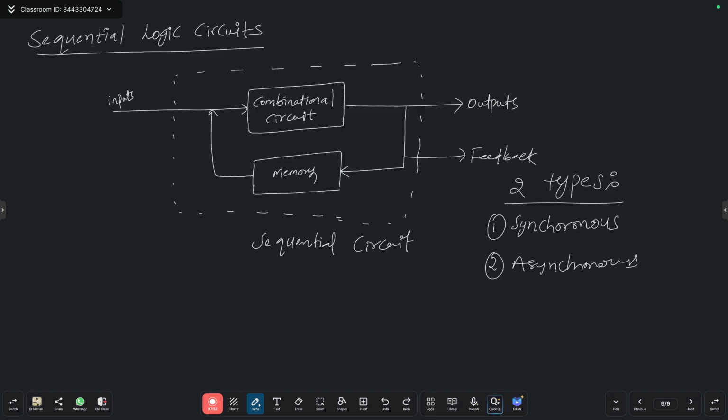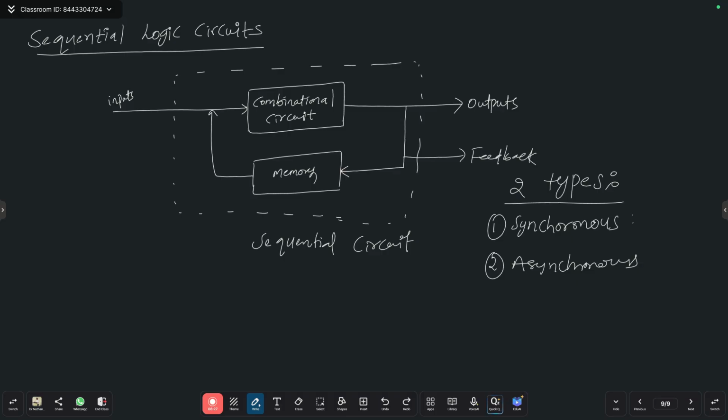Synchronous sequential circuits run with the same clock pulse or similar clock pulse. Very important point, you should remember.